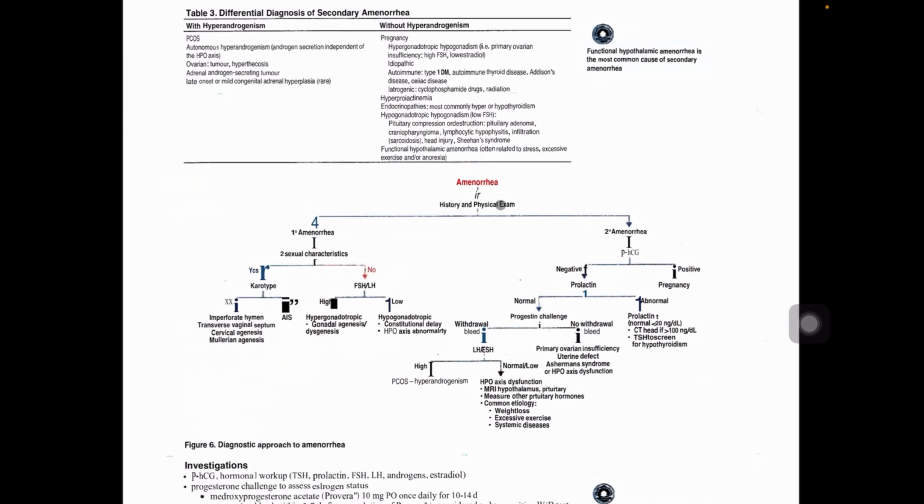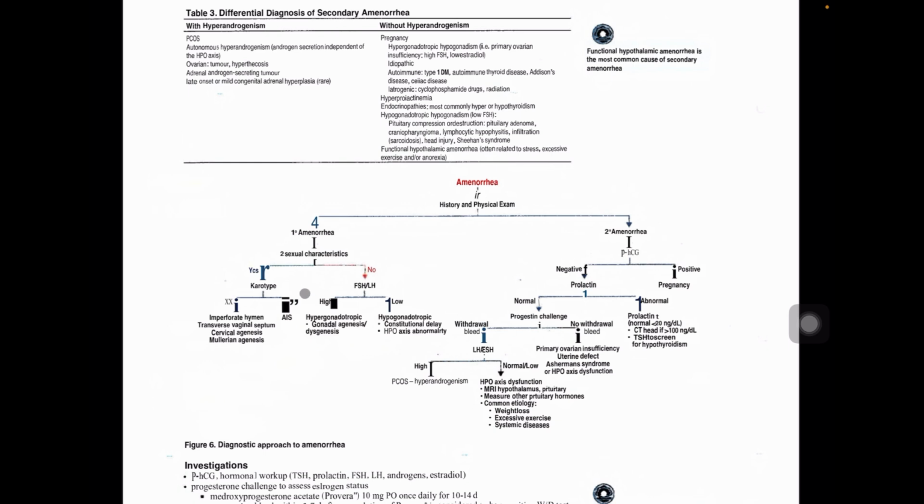Now, let's say a patient is coming in with amenorrhea. So you will take the history and you will do the examination. On history and examination, the first thing that you want to rule out is if the patient is primary amenorrheic or secondary amenorrheic. If the patient, let's say, is 16 years old and never had periods before, now you will check if she has the secondary sexual characteristics or not.